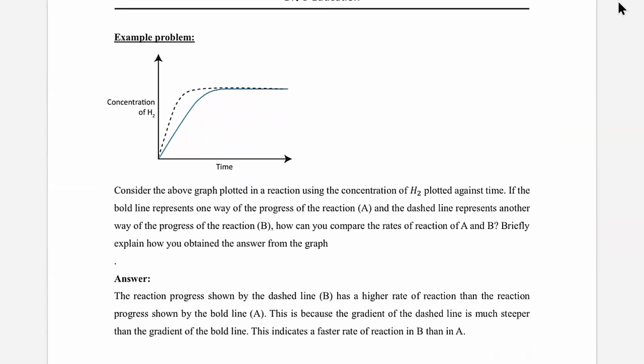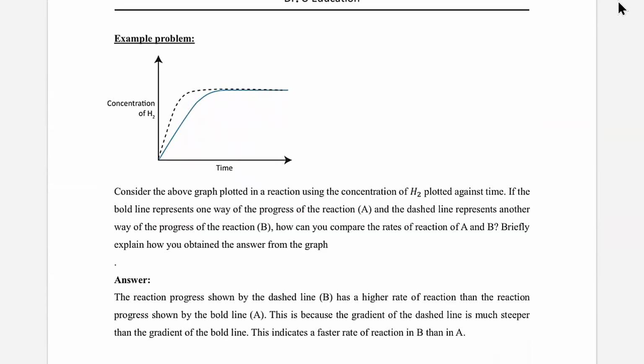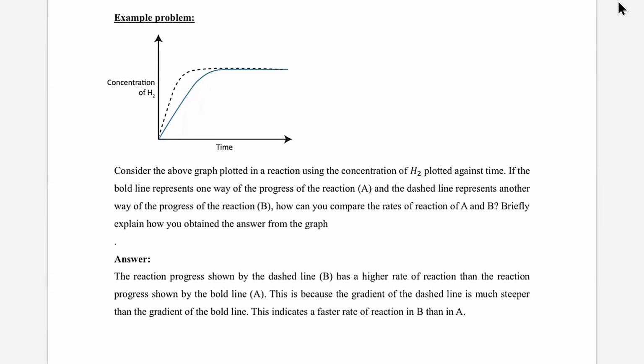If you look into this one, time versus concentration is plotted. The reaction uses the concentration of H2 plotted against time here. Now, if you look into the dashed line, it represents another way of progressing this reaction.